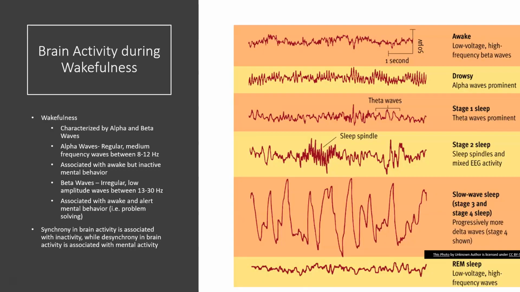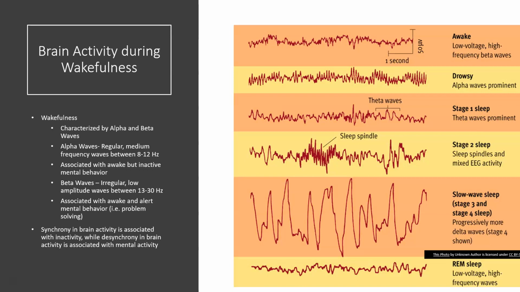And the main thing to understand with all these EEG readings is essentially that wakefulness is characterized by mainly desynchronous brain activity, where beta is more desynchronous than alpha, but both are desynchronous wave activities. And when you're drowsy, your brain activity starts to become more synchronous.